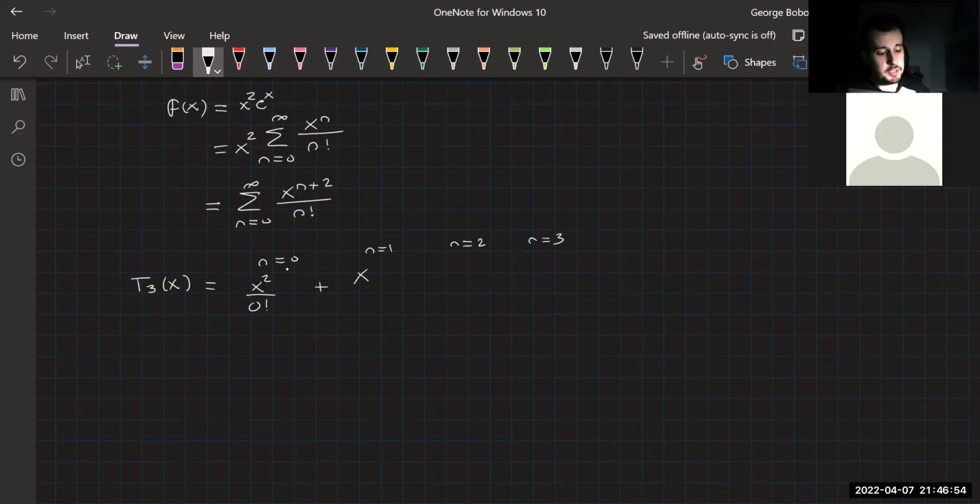If n is equal to 1, we get x cubed over 1 factorial, and so on. x to the 4th over 2 factorial, x to the 5th over 3 factorial, and other terms here, because the next one will be x to the 6th over 4 factorial. So other terms here of power 6.